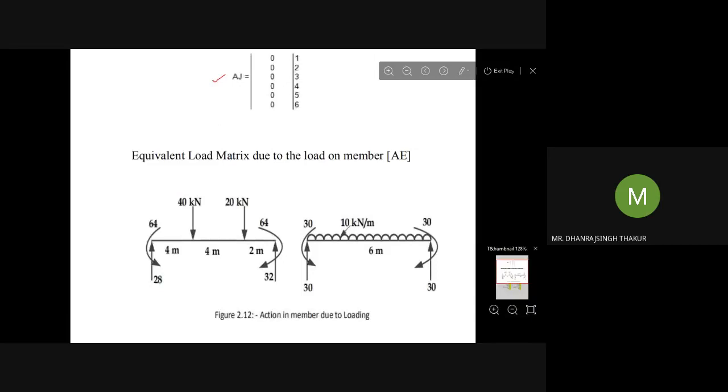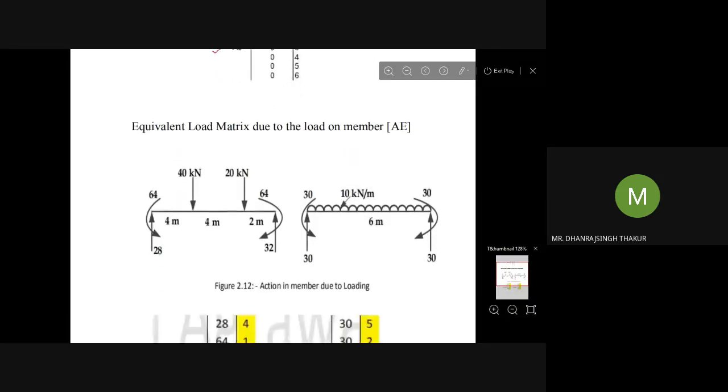Okay, now we are finding this out. So due to the 40 kilonewton and 20 kilonewton loading, you'll get the moment here. We get an anti-clockwise moment, 64, as the fixed end moment AB.